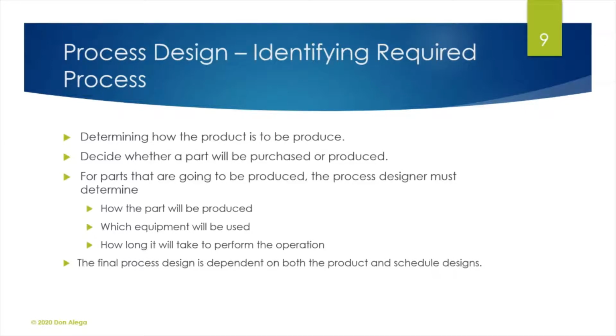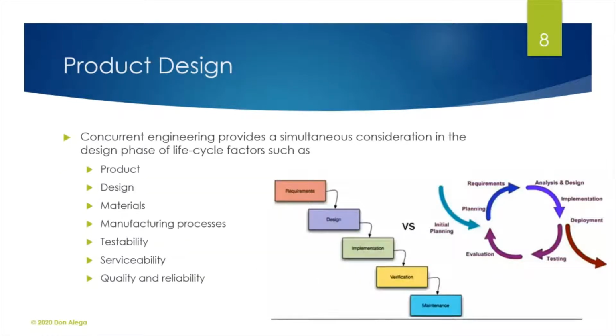So, to summarize, with the product design we only have three detailed designs. Once na-determine na natin yung product, we need to have the detailed design like the exploded assembly drawing, exploded parts photograph, and the component parts drawing.